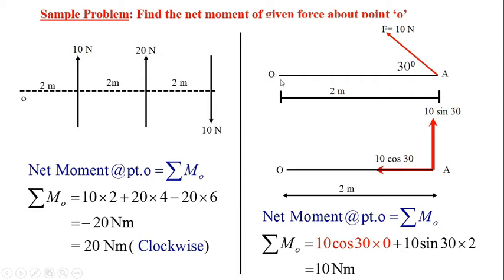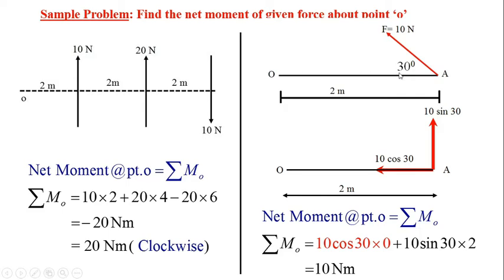Now here let us calculate moment of this single force about point O. We know from the definition, moment of a force about point O is the product of magnitude of that force and perpendicular distance between the point and line of action of force. So here to calculate moment of this force about point O, magnitude is known, you must know the perpendicular distance.